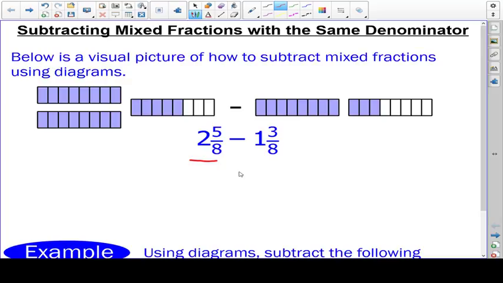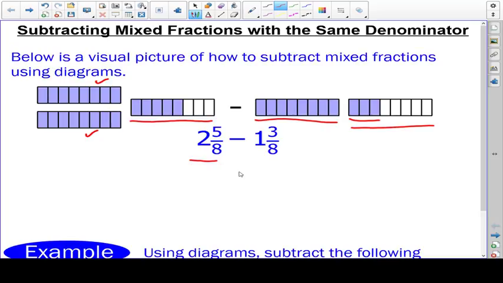That's represented with 2 wholes and 5/8 shaded in. And subtracting from that is 1 whole and 3/8. So to do a question like this, we're going to do it a little differently.